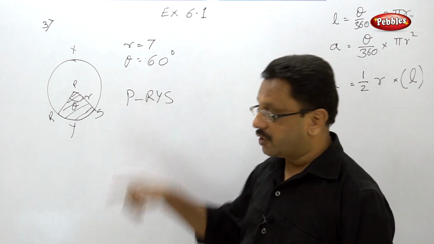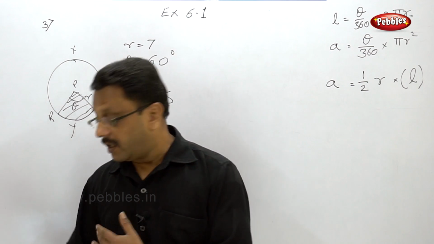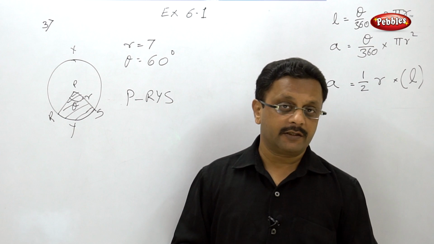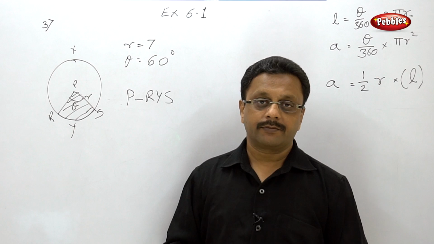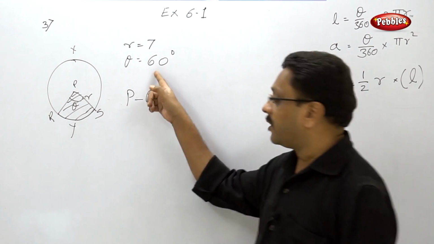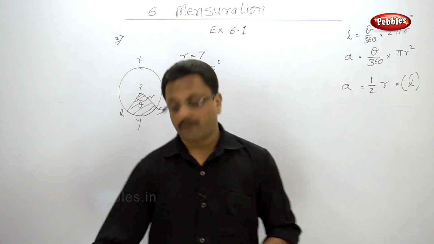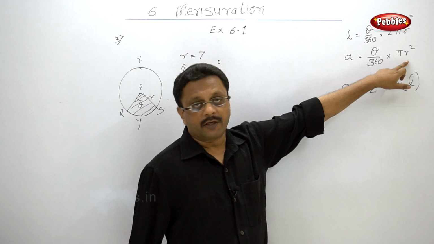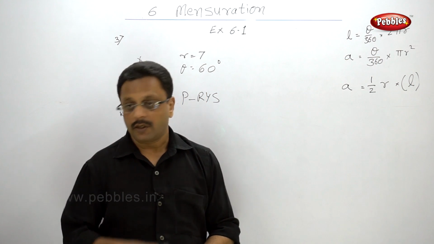These angles are changing: 30, 210, and 3 right angles, which means 270 degrees. One right angle is 90 degrees, so 270 degrees. And so you can find out area of sectors from this information. You have to use this formula. Every time the radius will remain the same, only the theta will change, so the calculation will change.